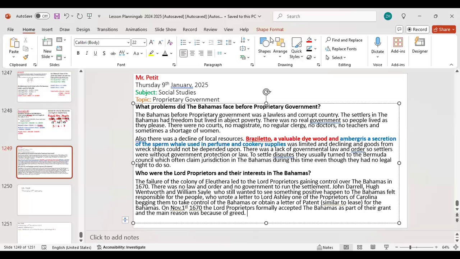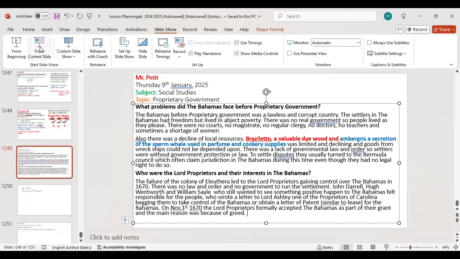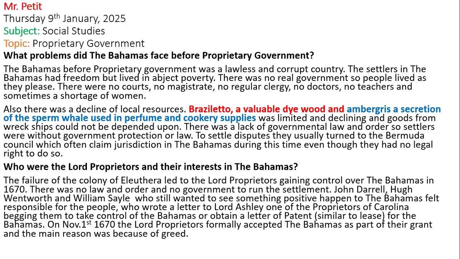We're going to talk about that the next time we come. So the main reason they accepted the Bahamas was greed. They wanted to set up large plantations and make a lot of money.